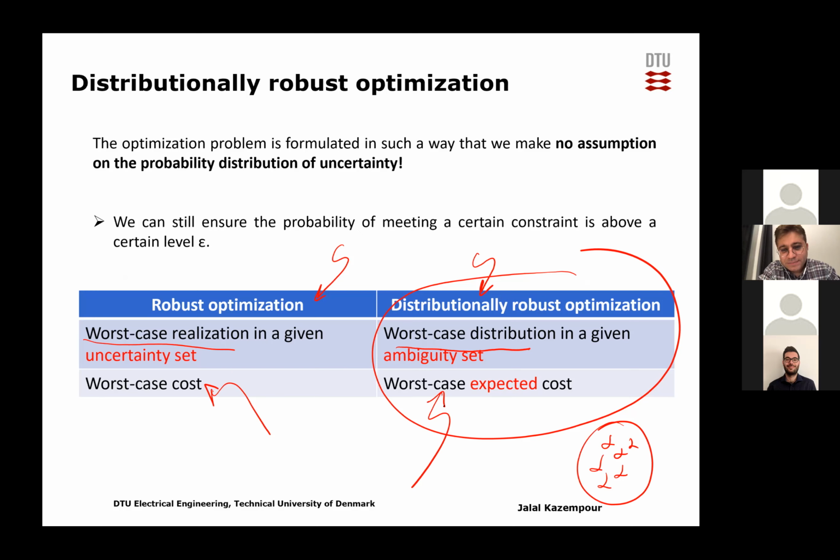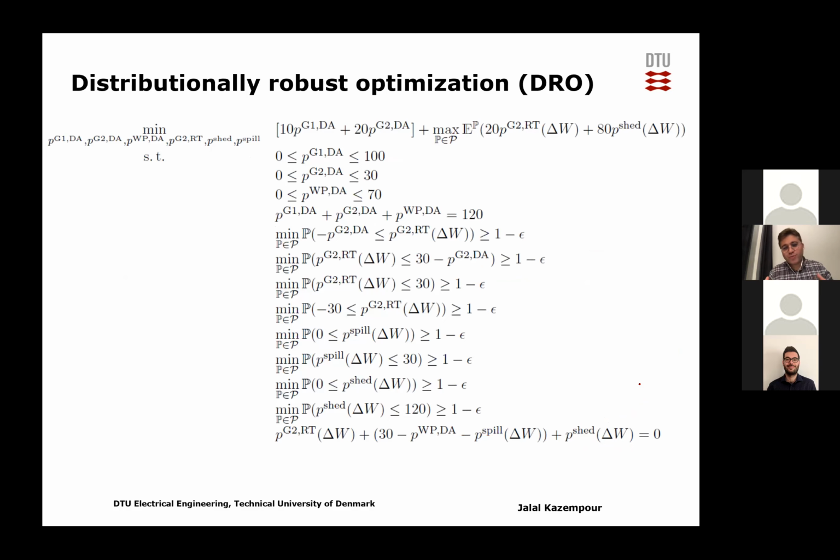Is it clear? Very good. So we are trying to be robust against distributions. But for the worst distribution, we optimize an expectation.